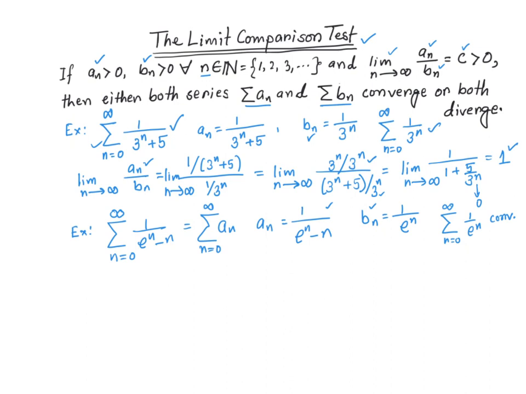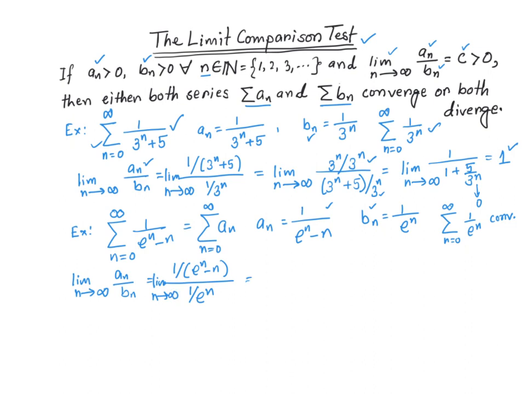Okay, so now let's get the limit for this. The limit as n approaches infinity of a_n over b_n. My a_n is 1 divided by e to the power n minus n. My b_n is 1 divided by e to the power n.